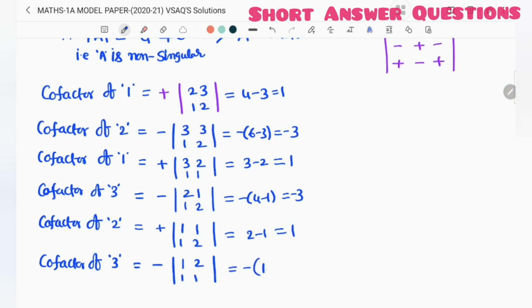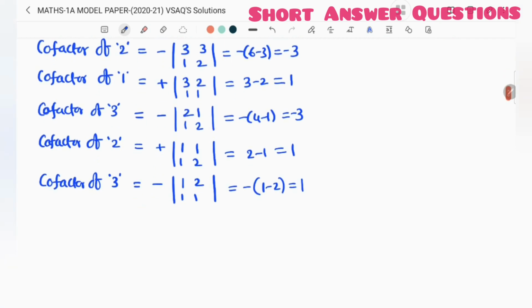So minus of 1 minus 2, minus of minus 1, which is plus 1. Next, the cofactor of 1. Eliminating the third row and first column, the rest of the determinant we have is 2 1, 2 3. So plus, 2 into 3 is 6 minus 2, which is equal to 4.